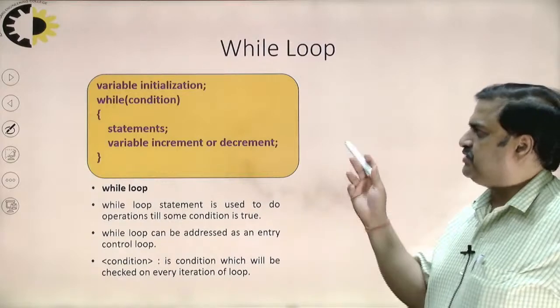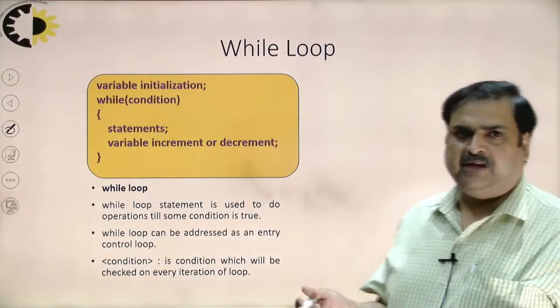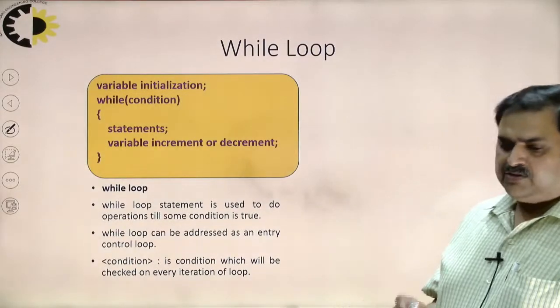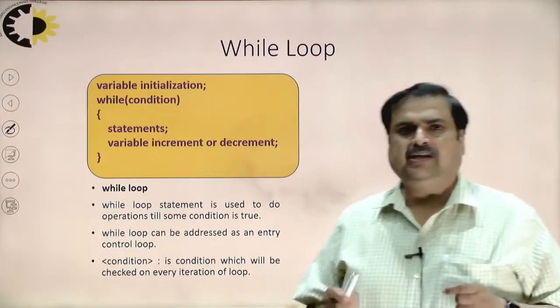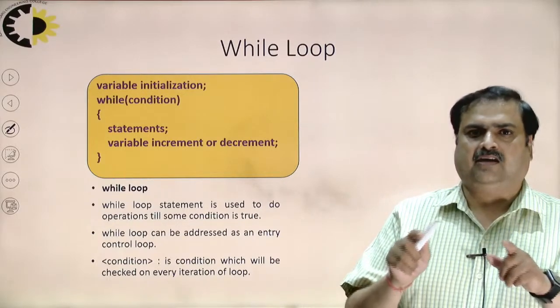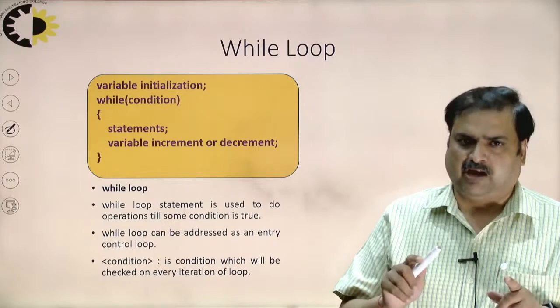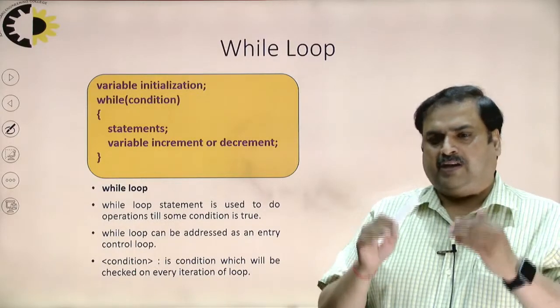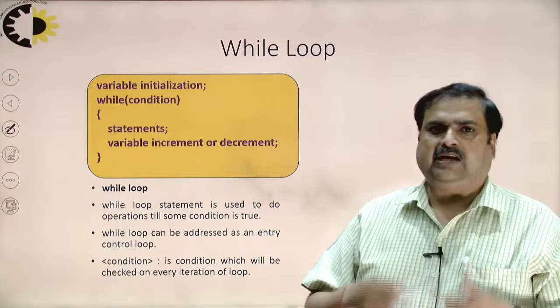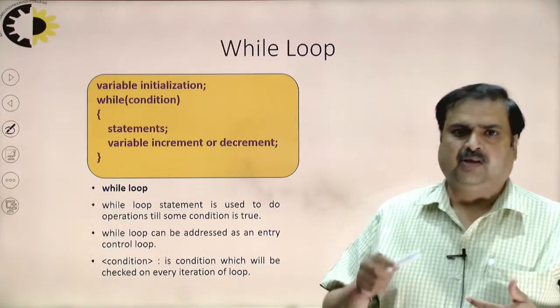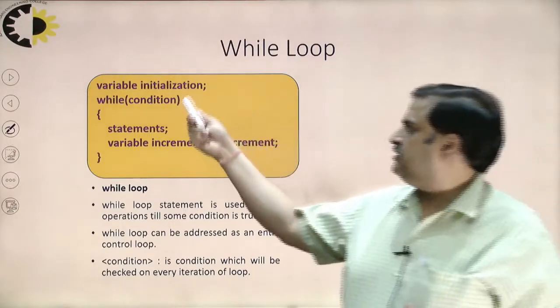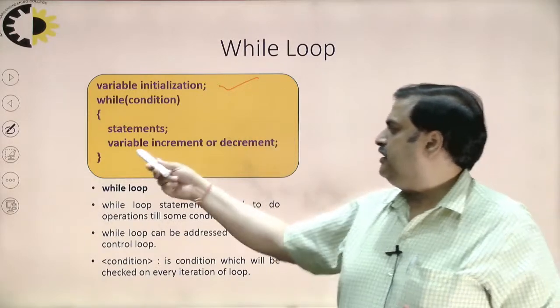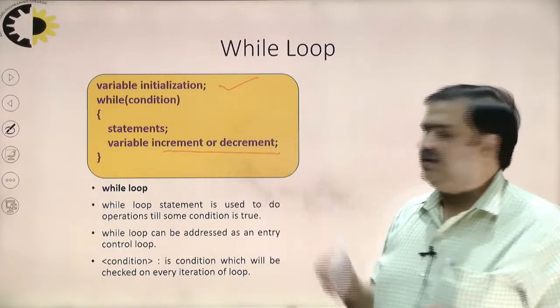Now come to the next entry controlled loop, that is the while loop. In the case of the while loop, we have only a condition along with the while. The variable which controls the entry and exit of the loop is initialized outside the loop and incremented or decremented inside the loop.